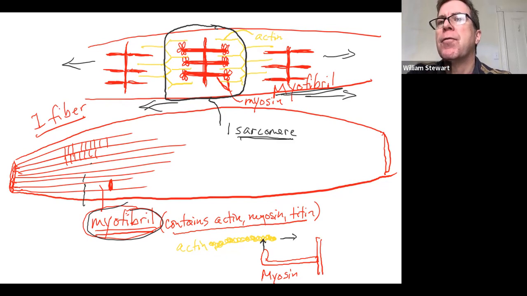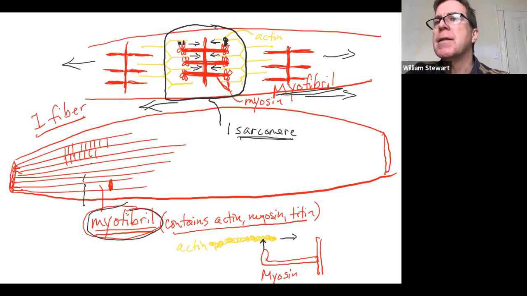The goal is for these myosin heads to reach up. Let me get my black pen back, you'll see it better. Reach up right here, attach to actin, and then the myosin head pulls the actin in this direction. And these myosin heads would reach up, bind to actin, and pull these actin molecules in this direction. They all go toward those vertical M lines, okay?